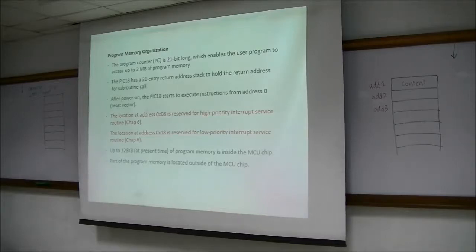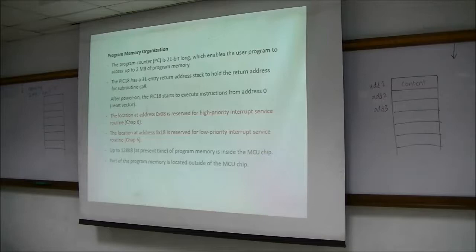Binary doesn't go 1, 2, 3, 4. It goes 1, 2, 4, 8. Therefore, you cannot get the value 1000 in a binary system. The closest value to 1000 is 1024. So 1 kilo is actually 1024 bytes.